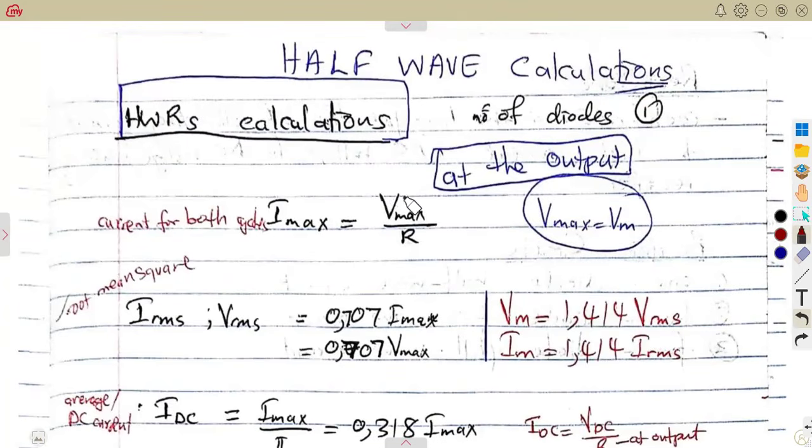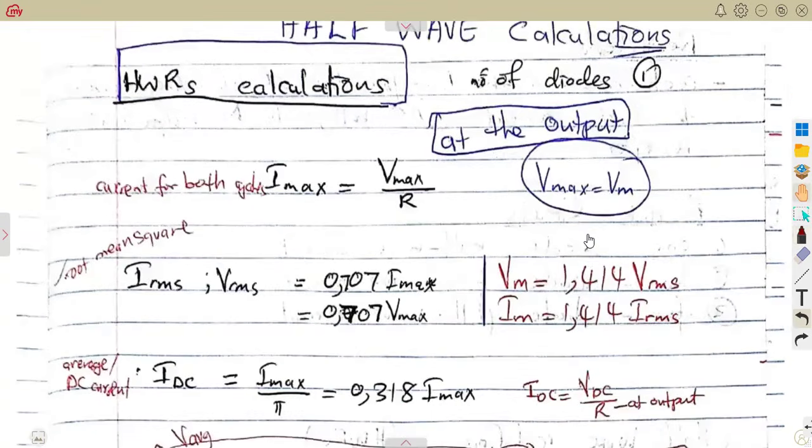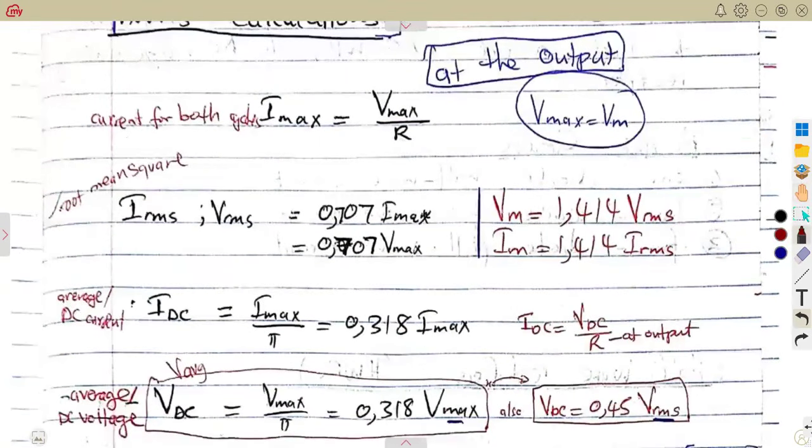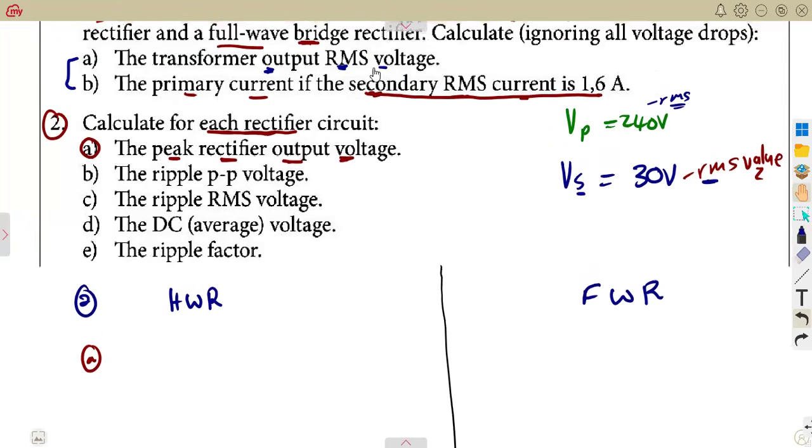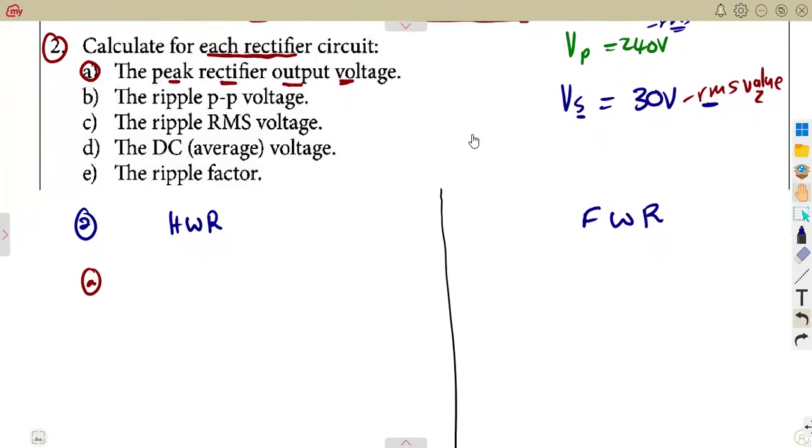If you are to relate the maximum voltage, which is VM, it can be calculated from what? From the RMS voltage, we can calculate the maximum voltage. So VM is 1,414 times what? The RMS value, of which we have that. The RMS value is which one? The secondary. Remember this VS represents the RMS voltage that you're calculating there.